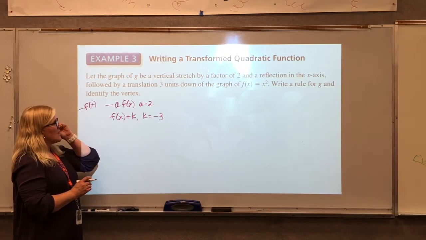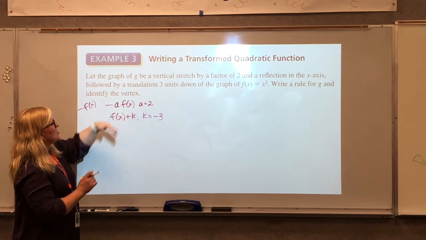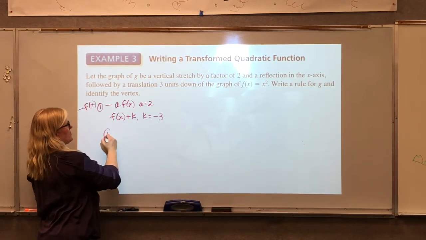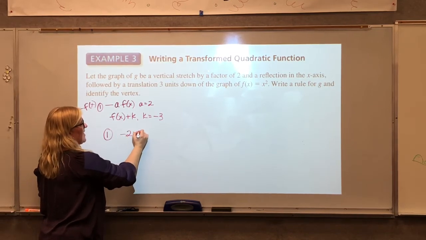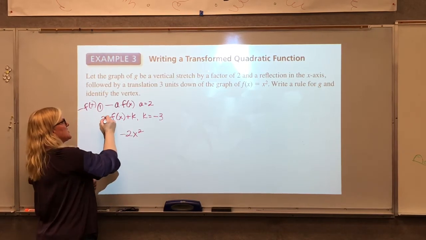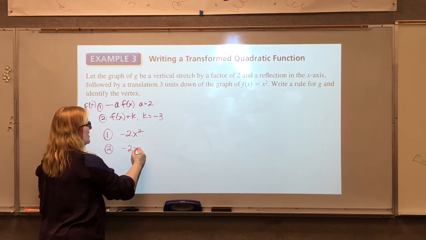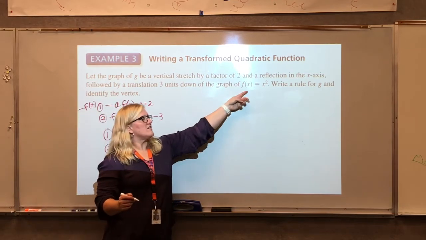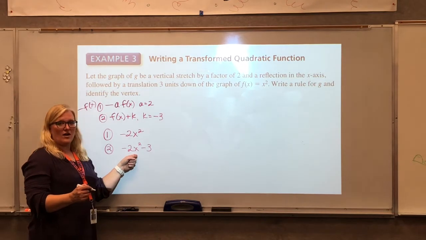All right, so I started with x squared, and I need to do this first step. So this first step, I multiply it through by a negative 2, and then there's my function, negative 2x squared. And then the second step, I just subtract the 3 at the very end. So it went from x squared to negative 2x squared minus 3.